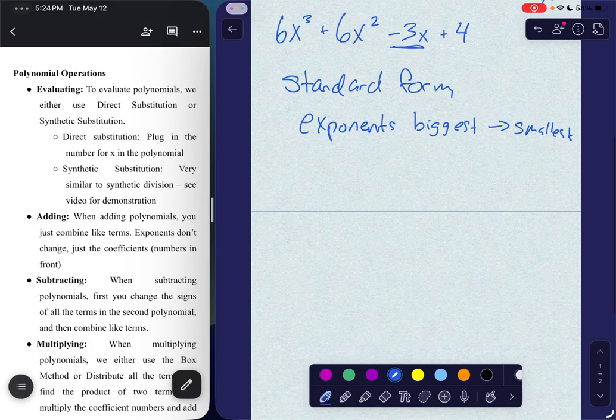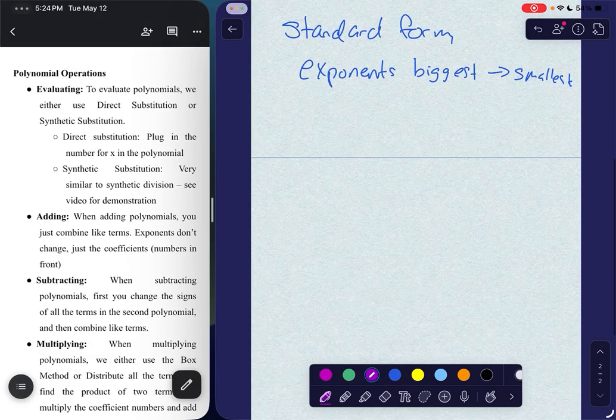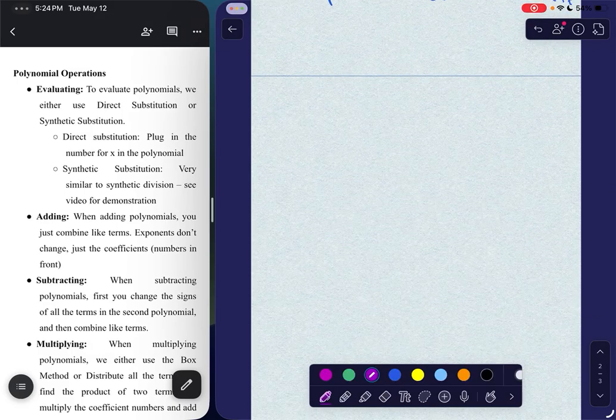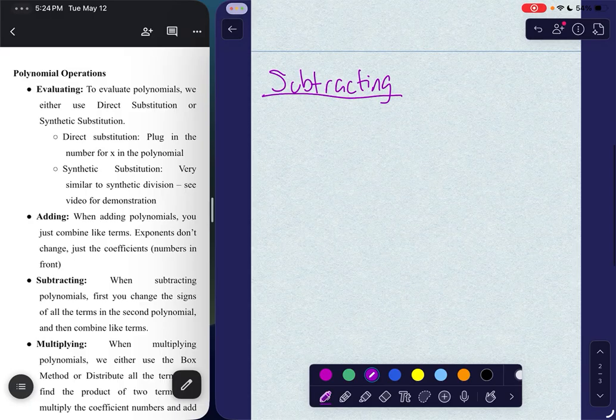Now, let's talk about subtracting, which is just like adding, except we change the sign first, right? So, let's say we have 3x to the 3 plus 5x squared plus, well, let's do a minus, so you can see the minuses in action, right?